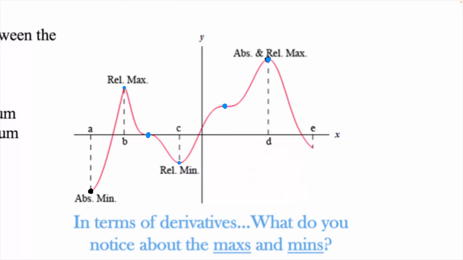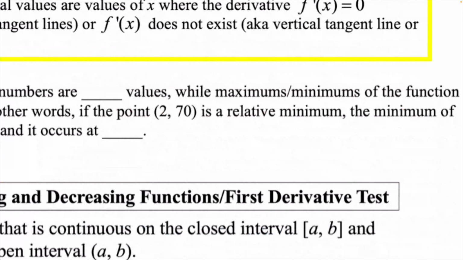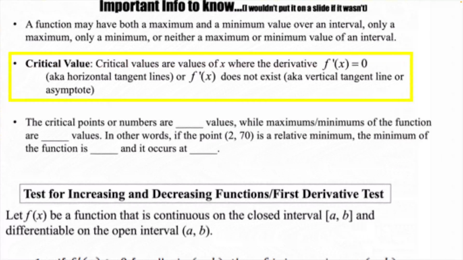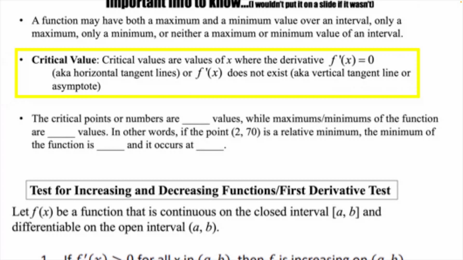Okay, so getting back to it, AKA horizontal tangent lines. Or f prime does not exist, AKA vertical tangent lines. So if there is no derivative, asymptote, things like that, it's a critical value. So the critical points or numbers are x values. So the critical values are always x values.